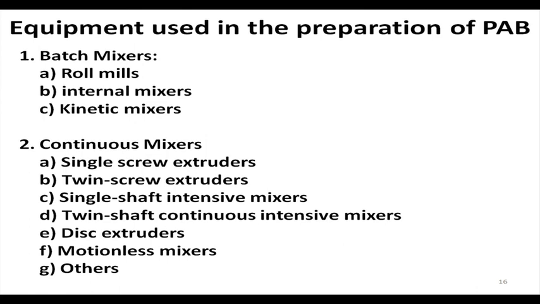Let us look into the different types of equipment necessary in order to make these polymer alloys and blends. Now, such mixing equipment can be of batch type or continuous type.